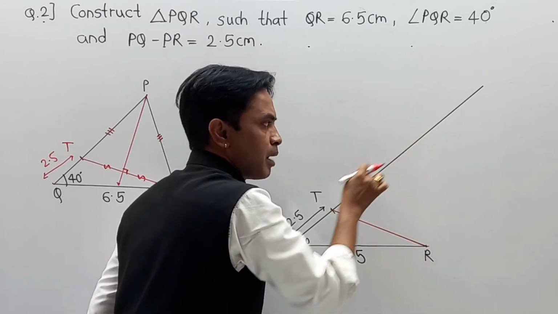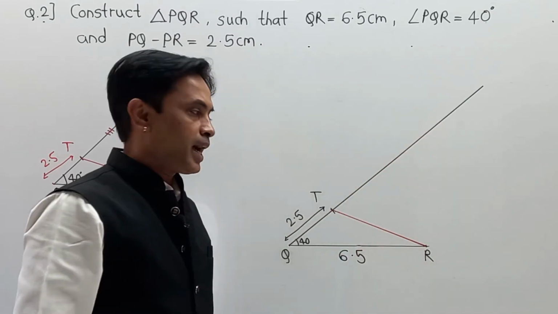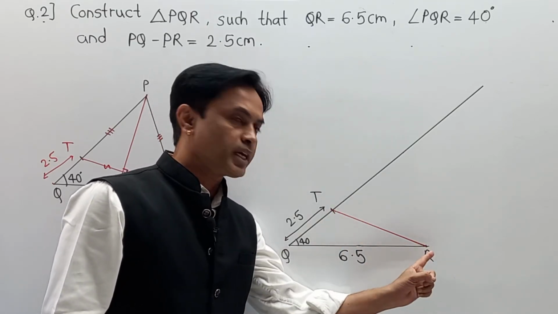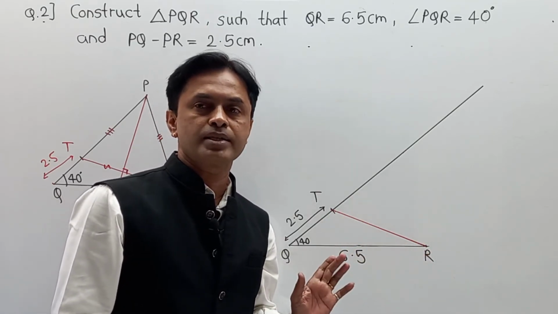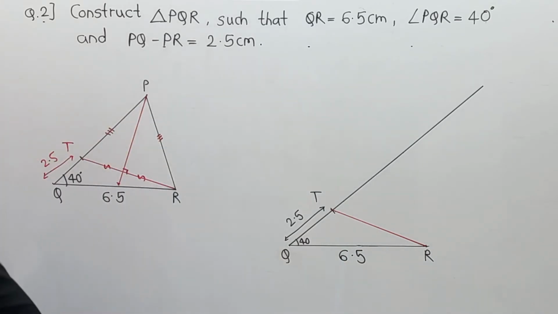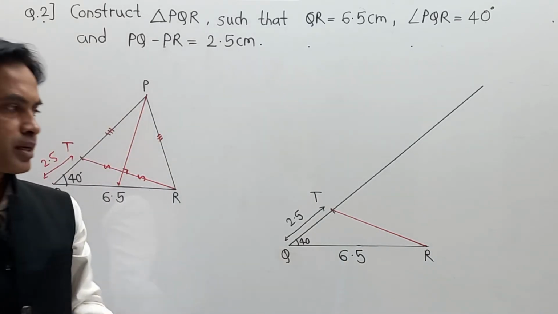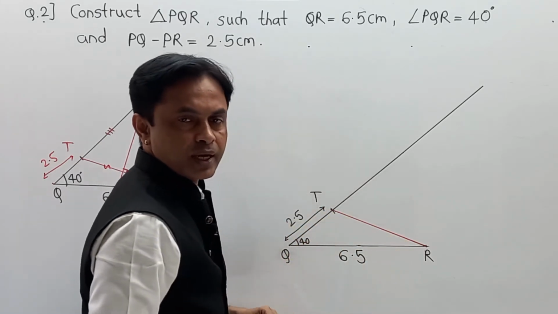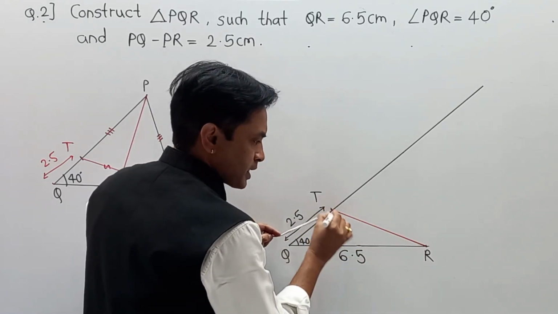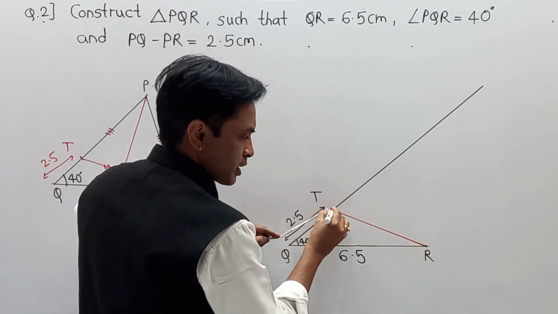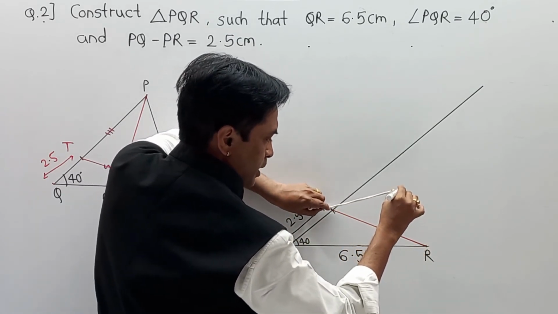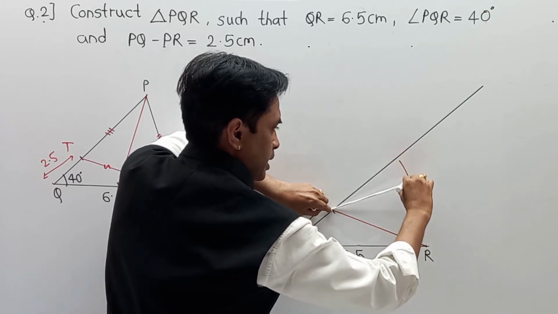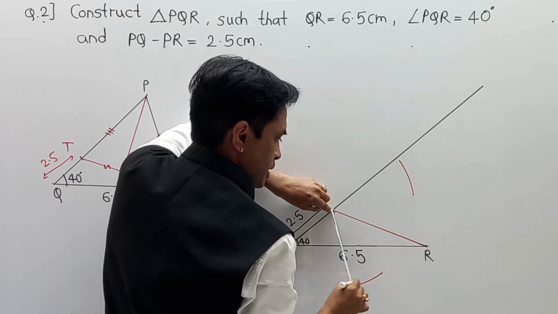It touches the upper segment somewhere over here, and that is nothing but our required point called P. Means here on TR we have to draw the perpendicular bisector. So the part is here. Again, with the help of the compass, take a distance more than half, and your first point is here at T and next at R. Starting from T, one mark upstairs, second mark downstairs.